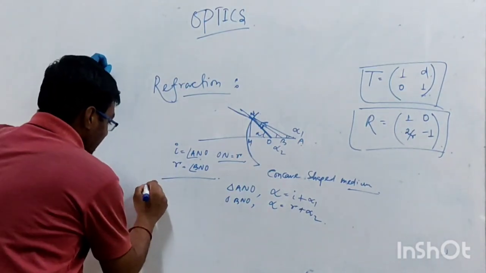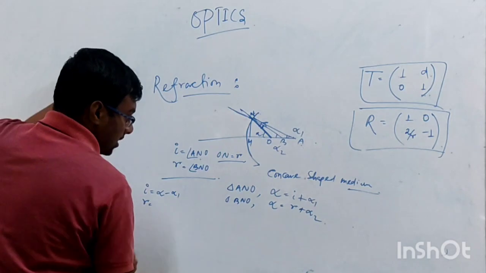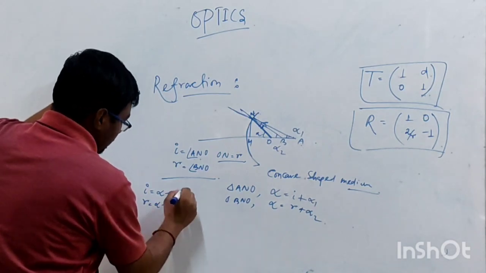So what will be the value of I? I will be alpha minus alpha 1, and R will be alpha minus alpha 2.